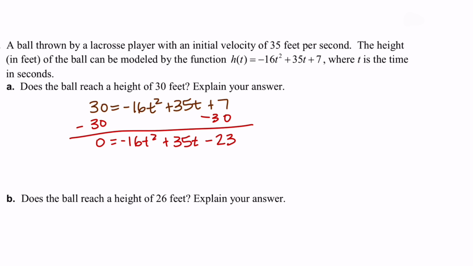This looks like it's going to be way too hard to factor. Those are big numbers, so I'm not even going to attempt to factor it. I'm just going to go right to the quadratic formula. A is negative 16, B is 35, C is negative 23.